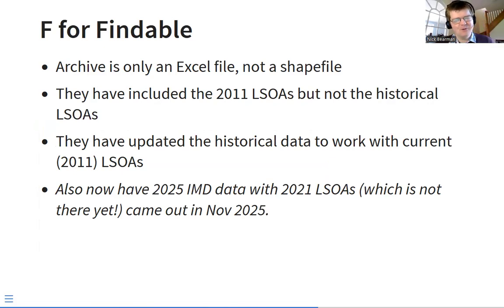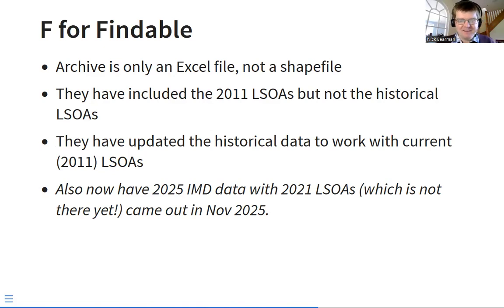But they didn't have shapefiles for all of the years, and they vary depending on the census. For example, they've included the 2011 LSOAs, which were the most recent ones. We'll get to that in a minute, but not the historical ones. So they had the 2004 data, but matched to the 2011 boundaries, not to the 2001 boundaries.